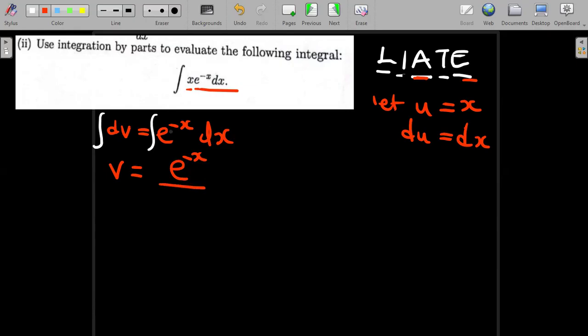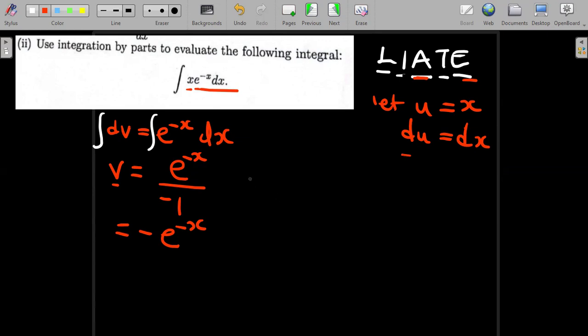So we have negative x like that. When I differentiate negative x, I just get negative 1. Then you divide, and this will just give you negative e to the negative x. So I have my v, I have my dv, and I also have my du and my u.